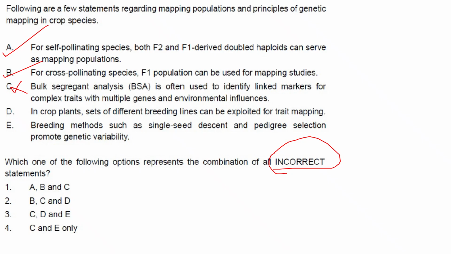So if bulk 1, the disease resistant one, has the marker associated with the disease resistance gene, or the marker is always linked to this particular disease resistance gene, you will say that this genetic marker is always associated with disease resistance, whereas you will not see that in the susceptible one. So bulk segregant analysis is usually for simple traits, usually controlled by 1 or 2 genes, not multiple genes.